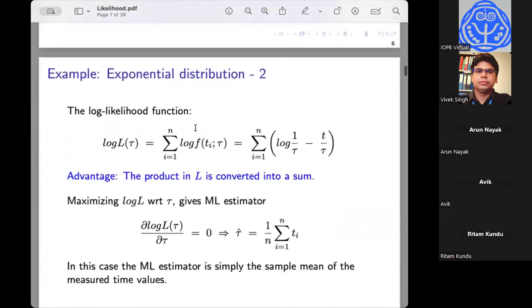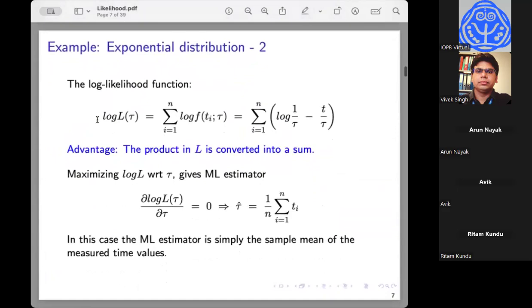So if you do that, now we use the log likelihood function, which is again the sum of the logs of the individual PDFs. Now you can write it in a better form, and then if you maximize it with respect to the parameter tau, you will get a functional form for tau hat.